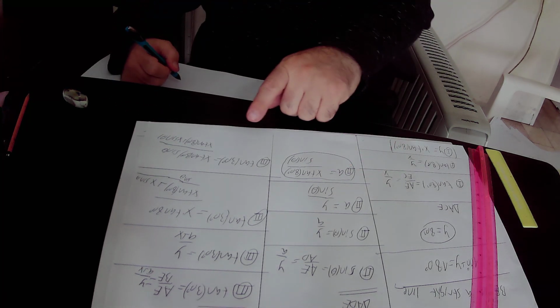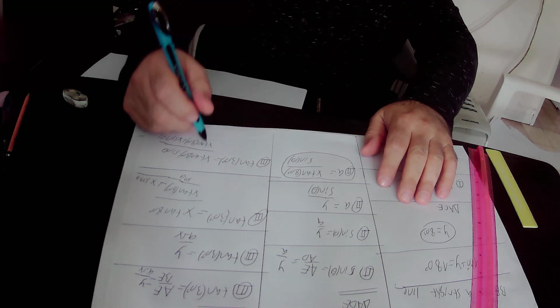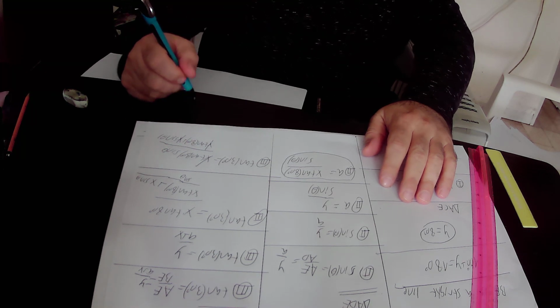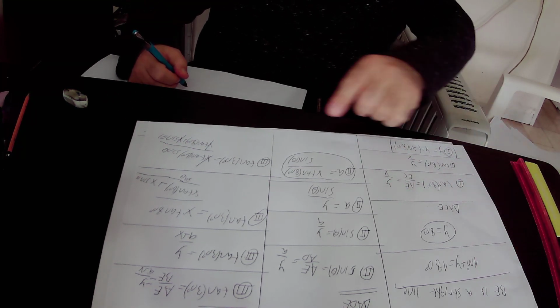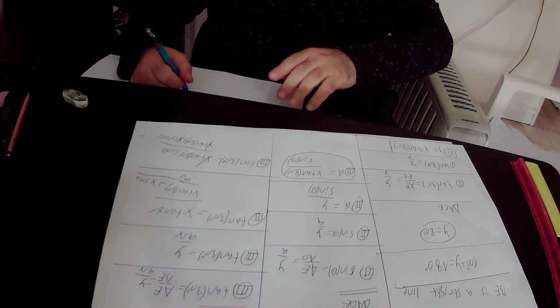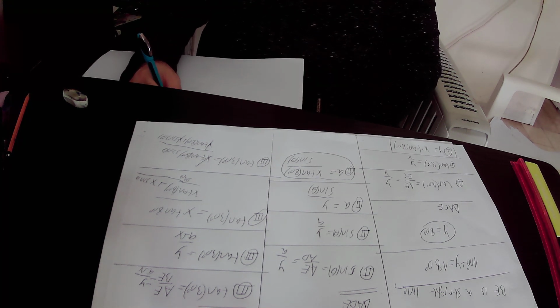Here we have x in the numerator and x also in the denominator, so x will get cancelled. And we also know that tangent 30 degrees is equal to 1 over square root of 3 units, so I write it down according to equation number 3.